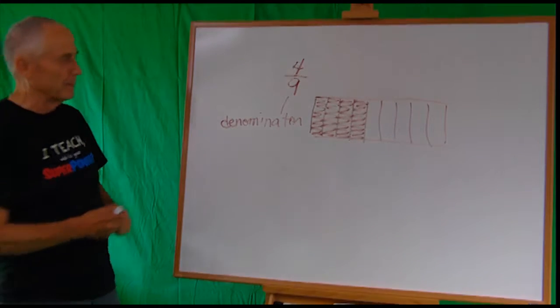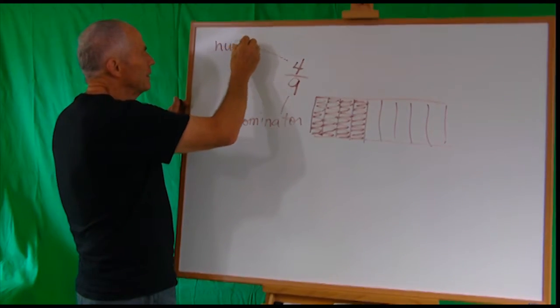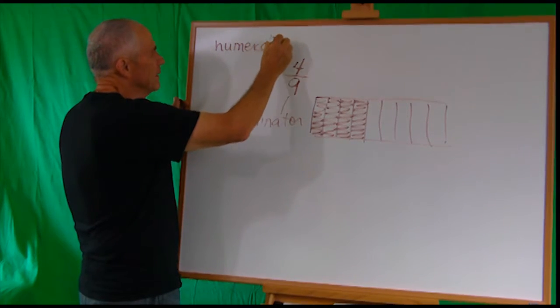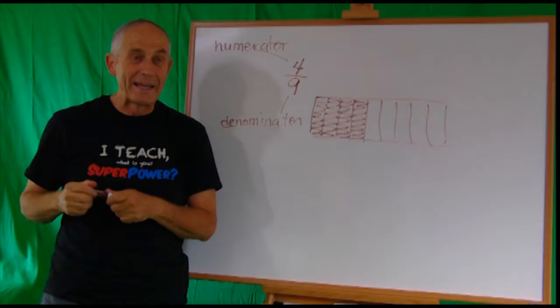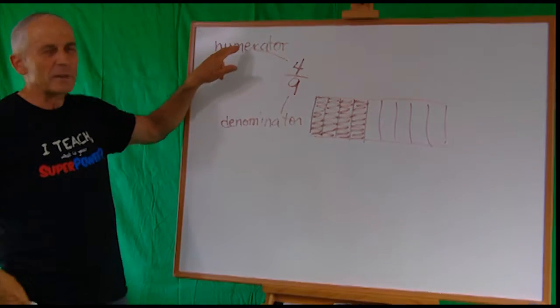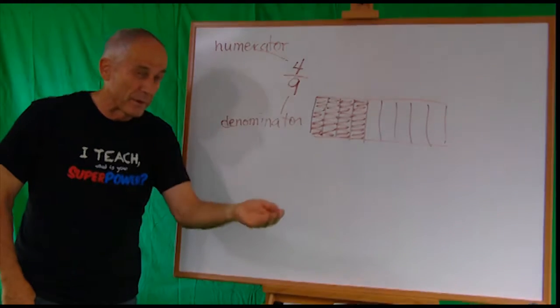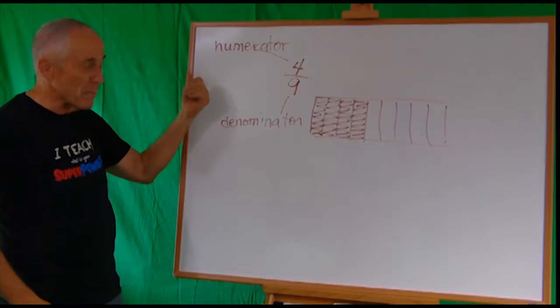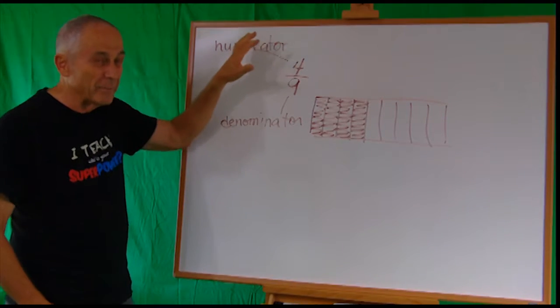Now the top number, which they call the numerator, tells me how many of those I have. This one makes a little more sense to me. You know, we're talking about the number that I have, number, numerator. Can you kind of see that maybe that one works?